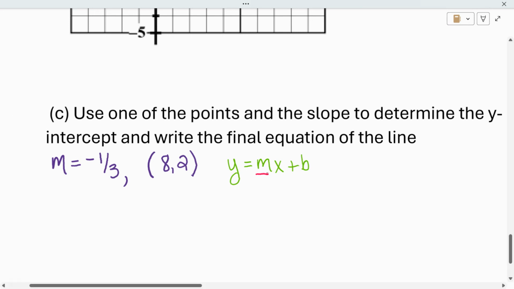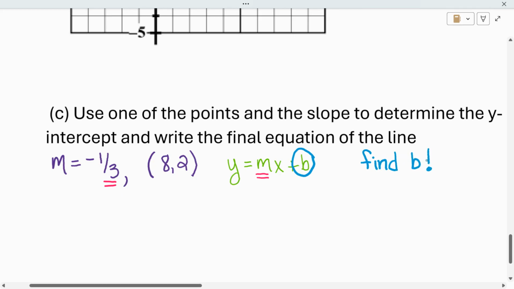Do we already know what the slope is? We do. We do know that. When we talked about the very beginning parameters, we do not know the y-intercept. We're going to have to find the y-intercept. I'm going to write find b.